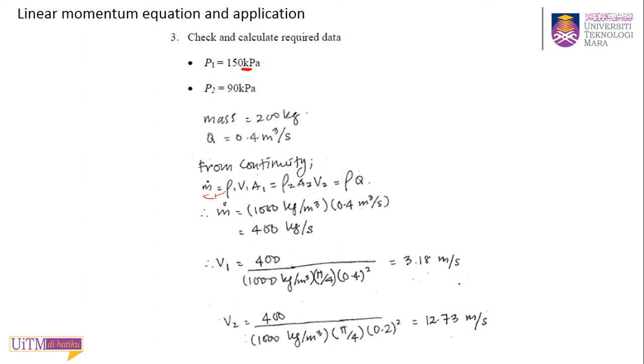You can also use Q over A to find V. In this case they use the m dot, because they find the m dot first and then divide by that to get the velocity. It's just the same, but the point is to find the velocity at 1 and also at 2. Alright, so you get your velocity 1 and velocity 2.